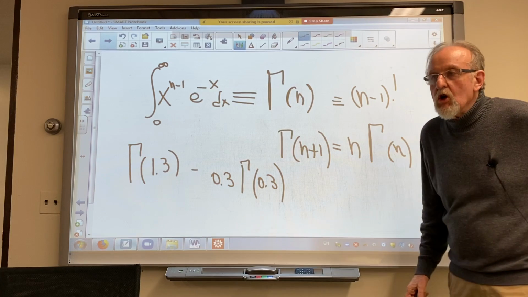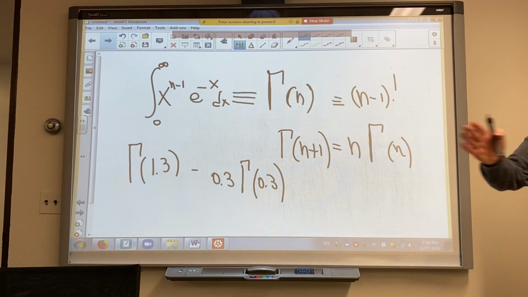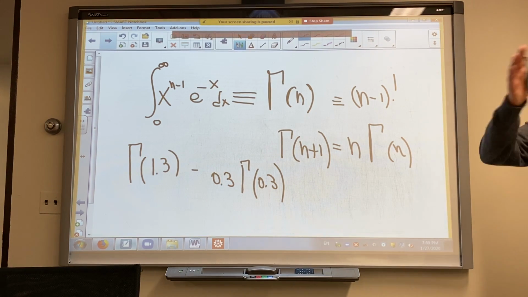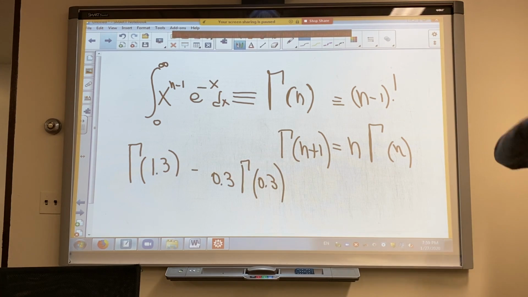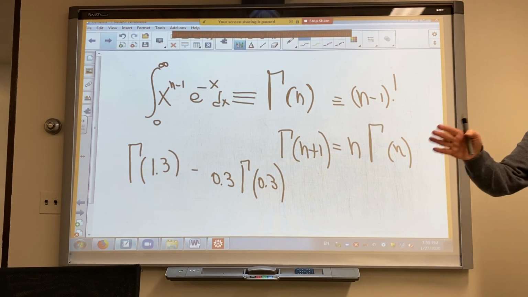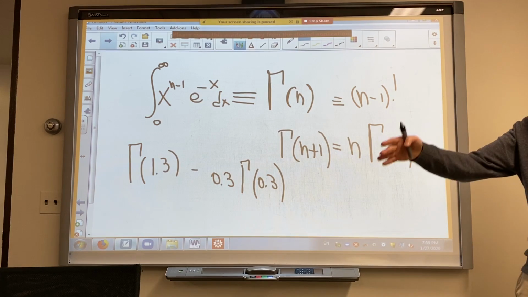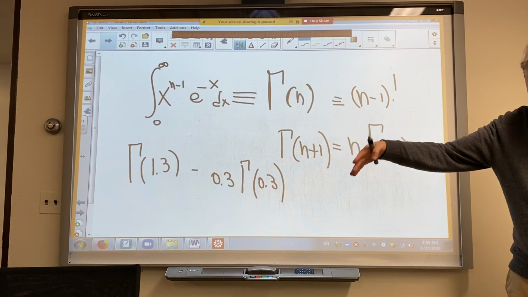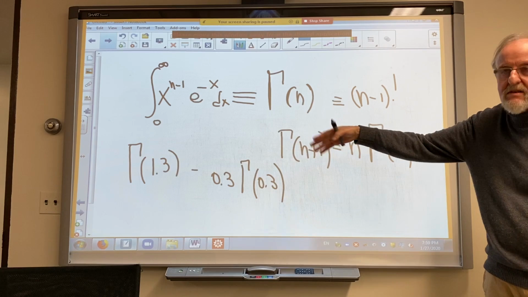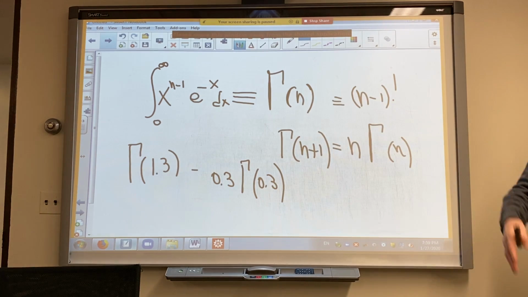So you see, all you need to do is to define gamma between 0 and 1. And if you want to calculate it at any other number, you shift. Gamma of 3.6 is 2.6 times gamma of 2.6, which is 1.6 times gamma of 1.6, which is 0.6 times gamma of 0.6.